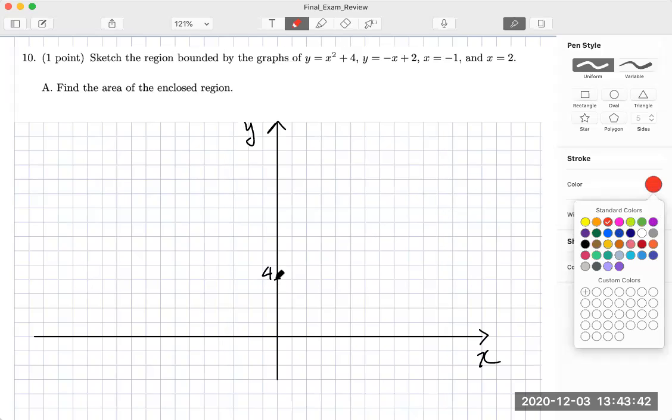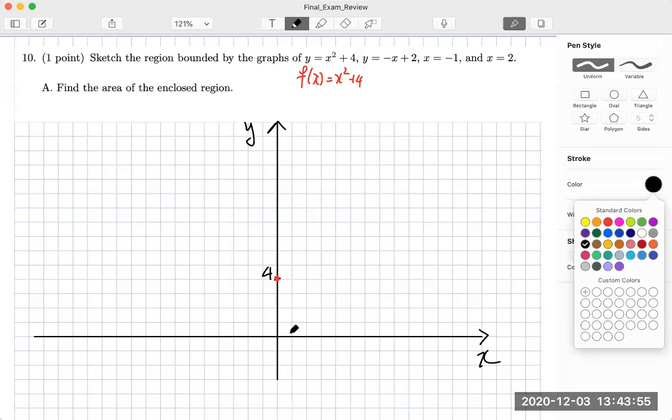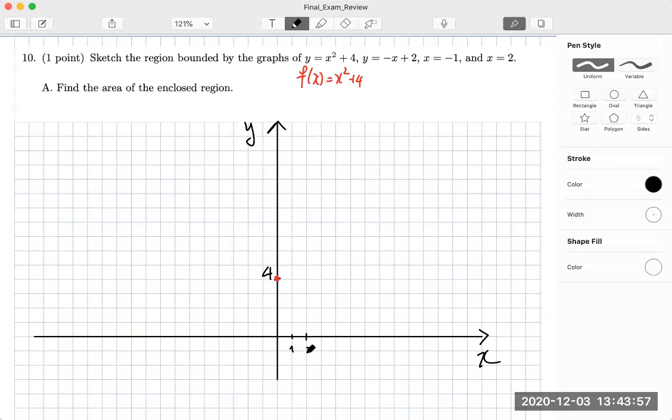If x is equal to 0, y will be 4, so this point belongs to the graph. Let us define it as f of x. At x equal to 2, 2 squared plus 4 gives us 8.